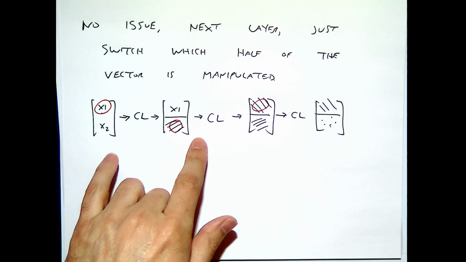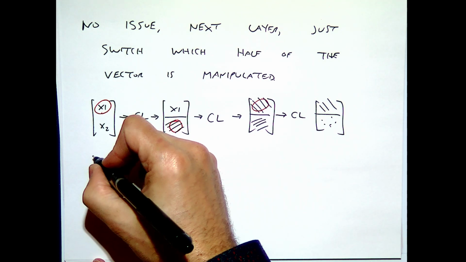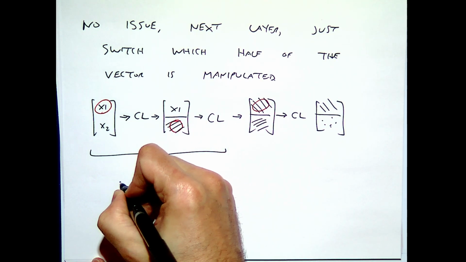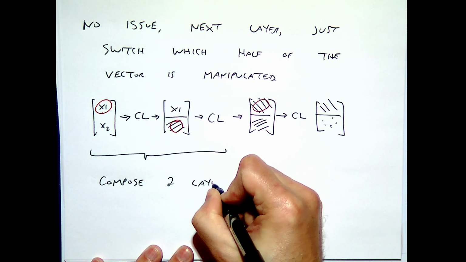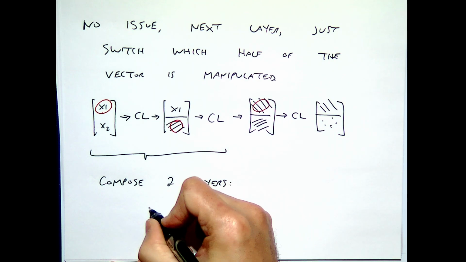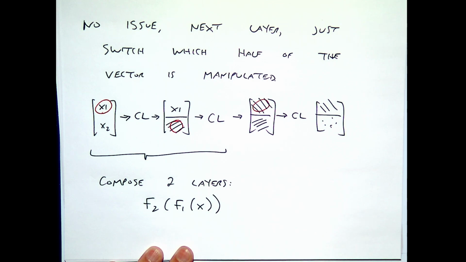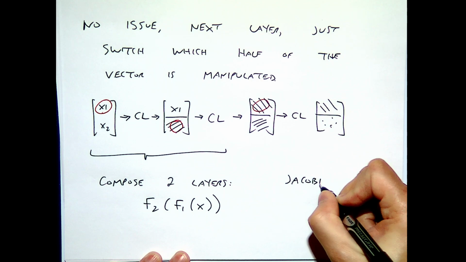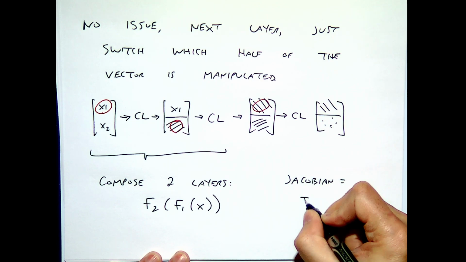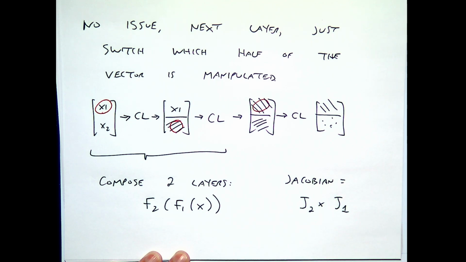And then at every step of this, to figure out the overall composite Jacobian of this combined process, it's very easy, right? So at this point, it's easy to look at the composition of the two layers by saying, I have like F2 of F1 of X. The Jacobian is just going to be the product of the J2 part and the J1 part, right?